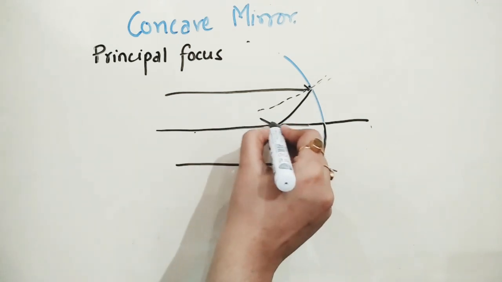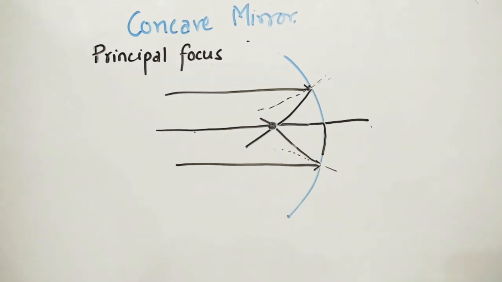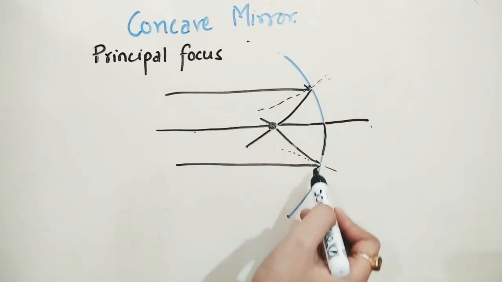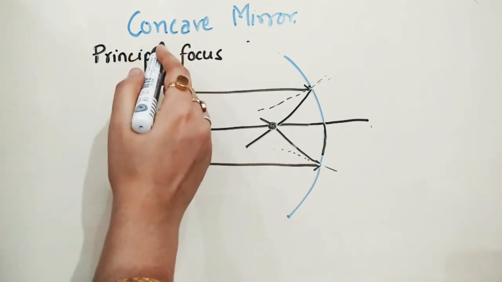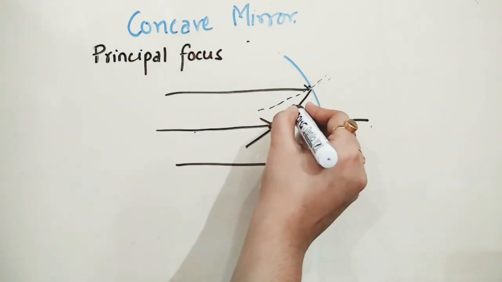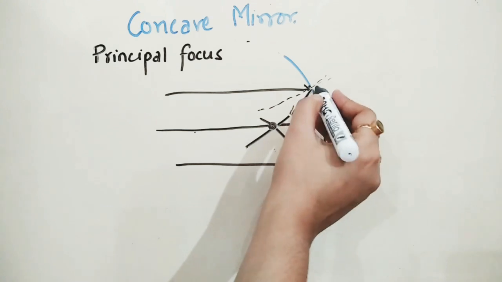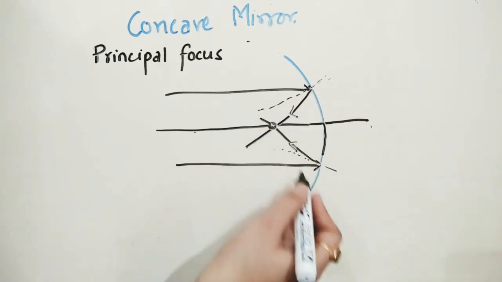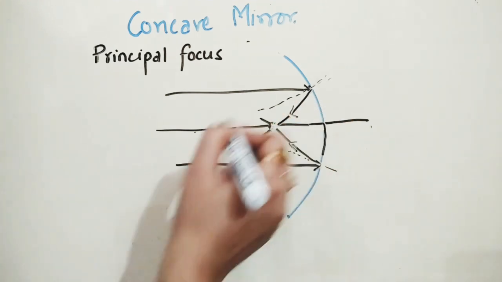So this is the point where the parallel rays converge after reflecting. Now the concave mirror is called a converging mirror because it directs these rays after reflection to one point in one direction.